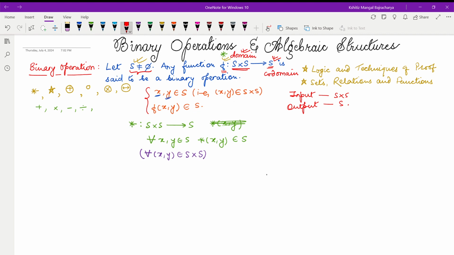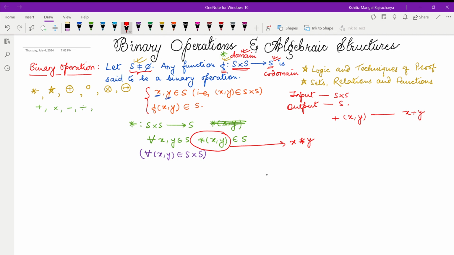Also, instead of writing star of (x, y), we often use the notation x star y. So, instead of writing plus (x, y), we write it as x plus y.